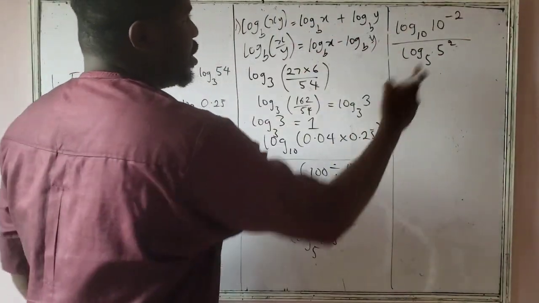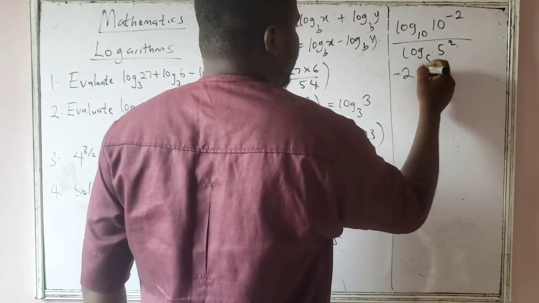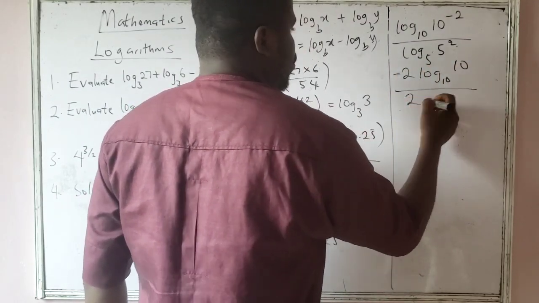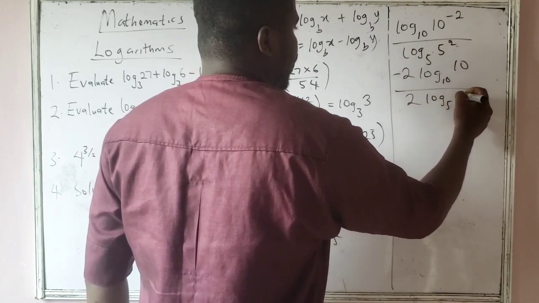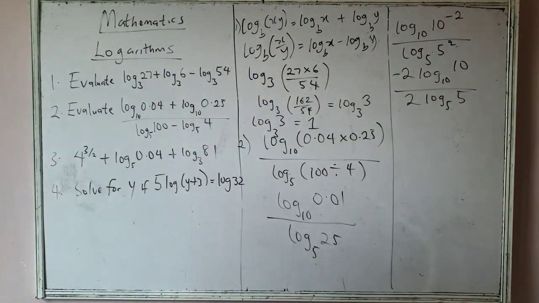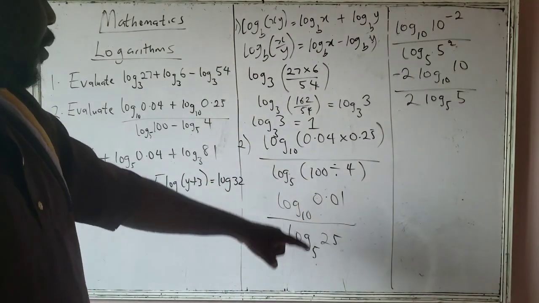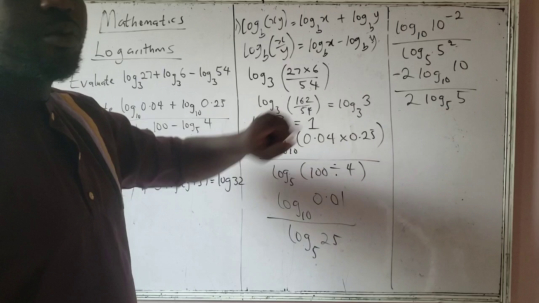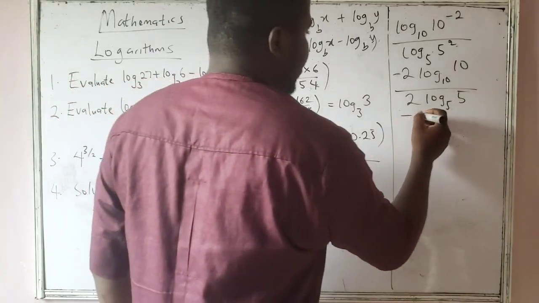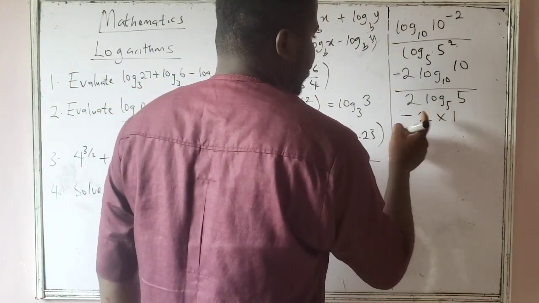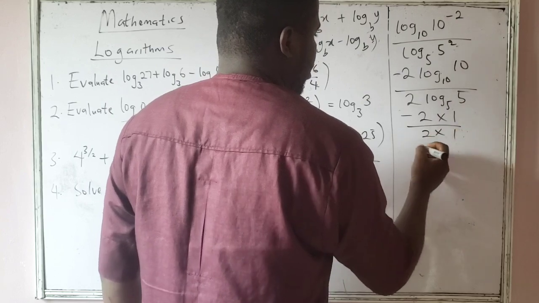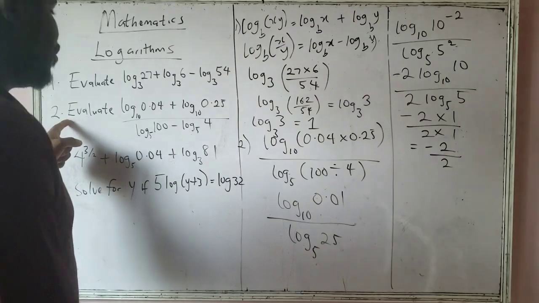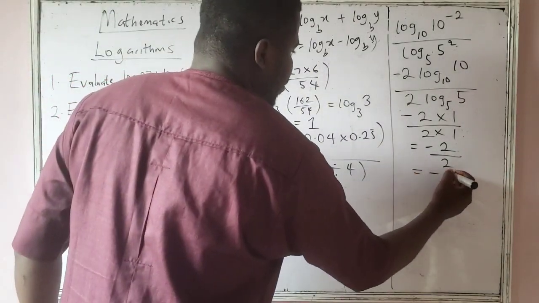So what we just do next, this minus will come here, minus 2 log 10 base 10 over 2 log 5 base 5. And from the principle that we use here, when the number and the base are equal, it is 1. So I can just write 2 times 1, minus 2 times 1 over 2 times 1. So the answer will be minus 2 divided by 2. So the answer of this number 2 question is minus 1.